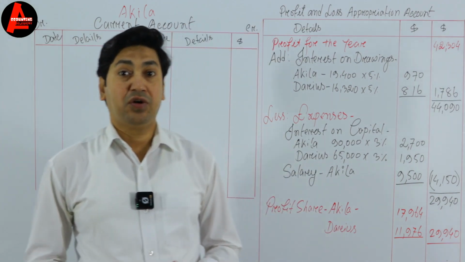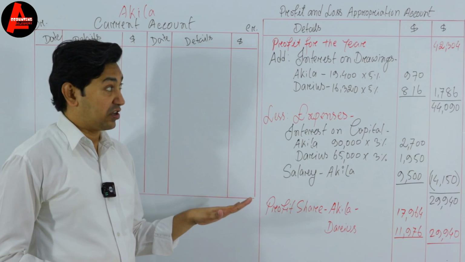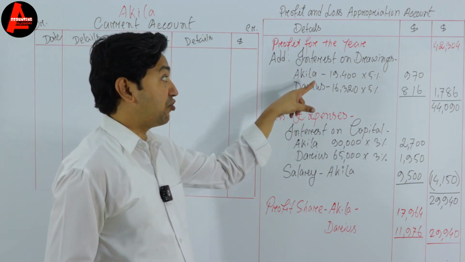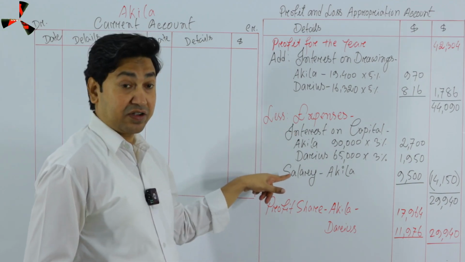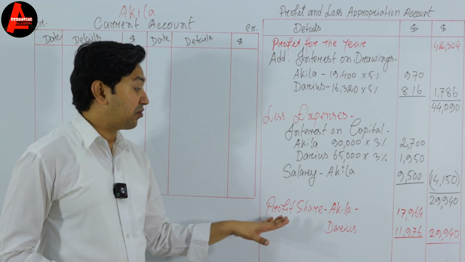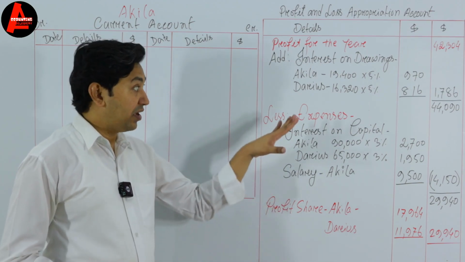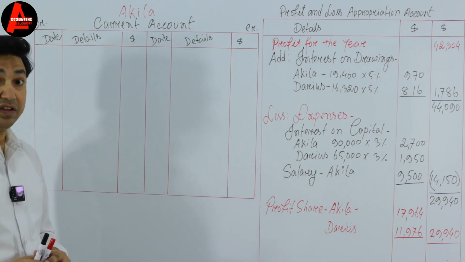So here we have prepared the profit and loss appropriation account. What did we add? We added interest on drawings, interest on capital and salary. So finally we have calculated the profit share. These things will appear here in the partner's current account.